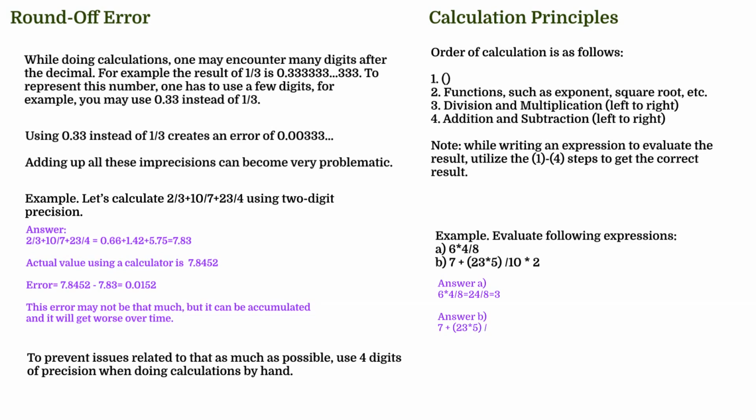For part B, first we do the parentheses, 23 times 5, so it is 115. Then we are going to do the subtraction because it is on the left. The result is 1.5. Then we will do the multiplication. 11.5 times 2 is 23, and then the summation. 7 plus 23 is 30.